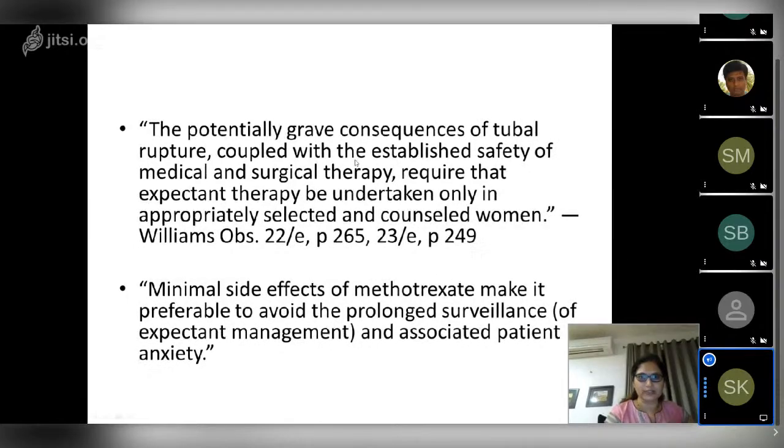So when you're doing an expectant therapy, it is very, very important that the patient should be counseled and followed up properly for any further complications. Now, minimal side effects of methotrexate make it preferable to avoid the prolonged surveillance of expectant management, and therefore most of the times we prefer a medical management rather than an expectant management in most of the patients, right?